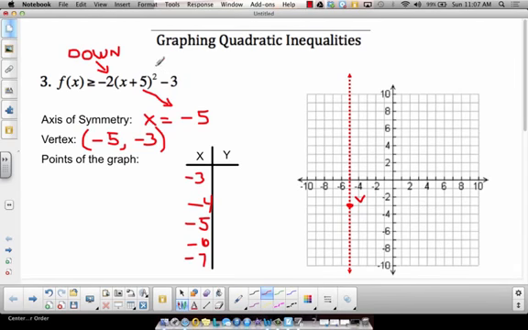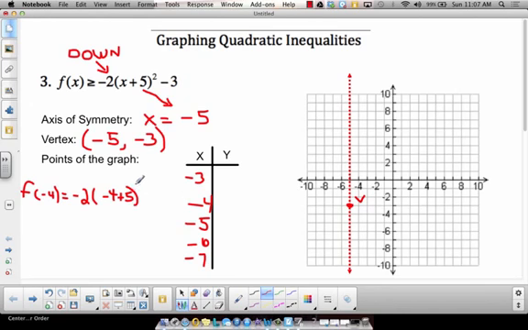All right, so now I'm going to find what values actually work here. So if I substitute into here, I have to do f of, what are we looking at? -4. Okay, so I'm going to substitute these values in just so I can get points, and in that way I can draw it. So I've got -2 times, in parentheses, -4 plus 5.